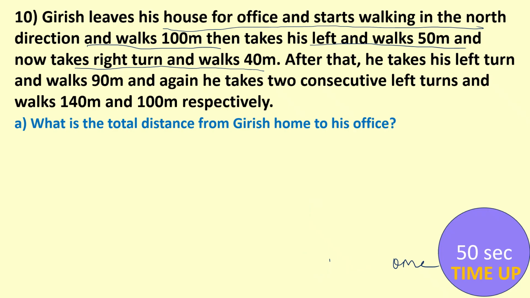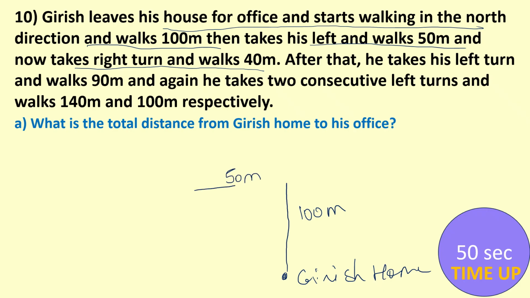Right turn. So wait a minute, then I draw here somewhere. Girish's home is here. He walks in the north, I'll take till this much, 100 meter. Then he turns left and walks for 50 meter.